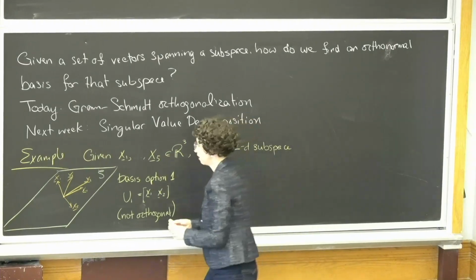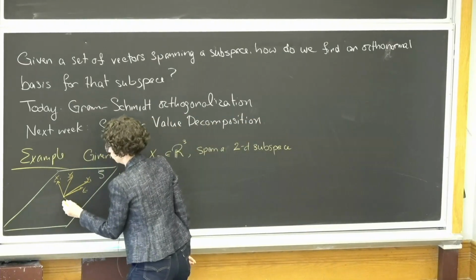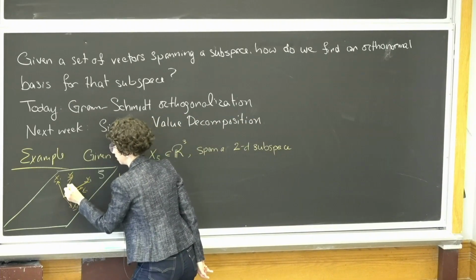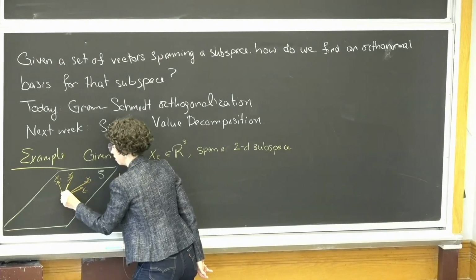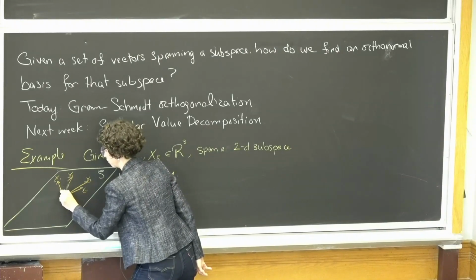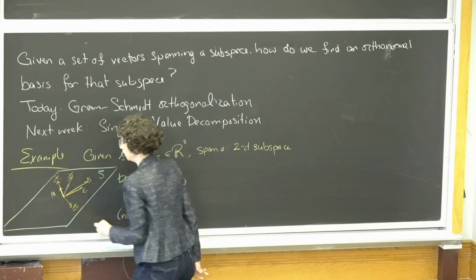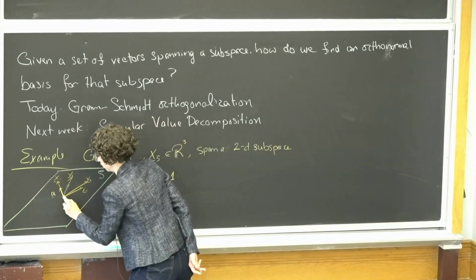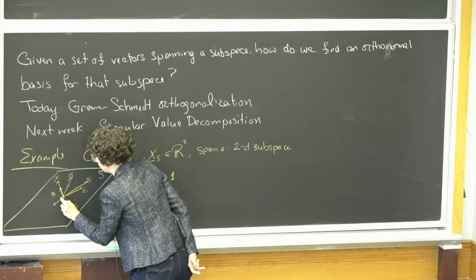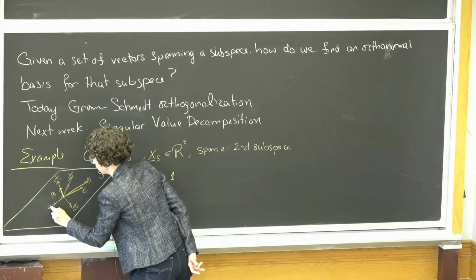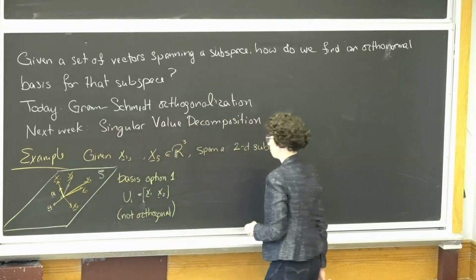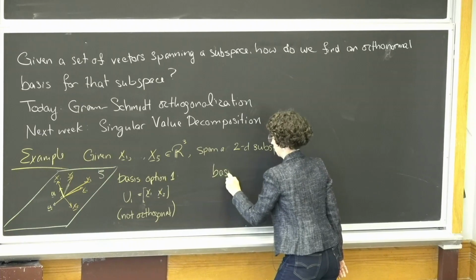The alternative is that we could find a different basis where here, or maybe I'll draw it here, I've got my first basis vector U1, and my second basis vector I'm going to have be perpendicular or orthogonal to that first one.